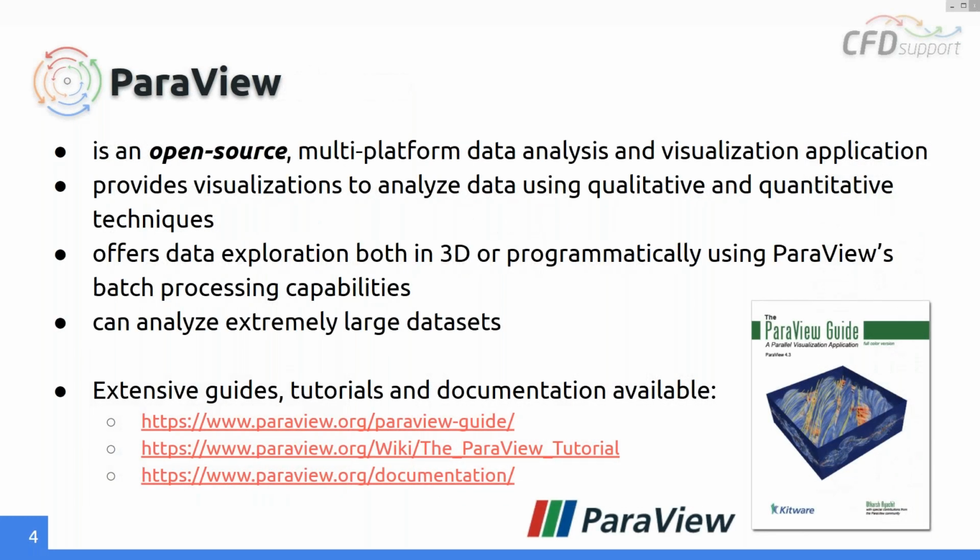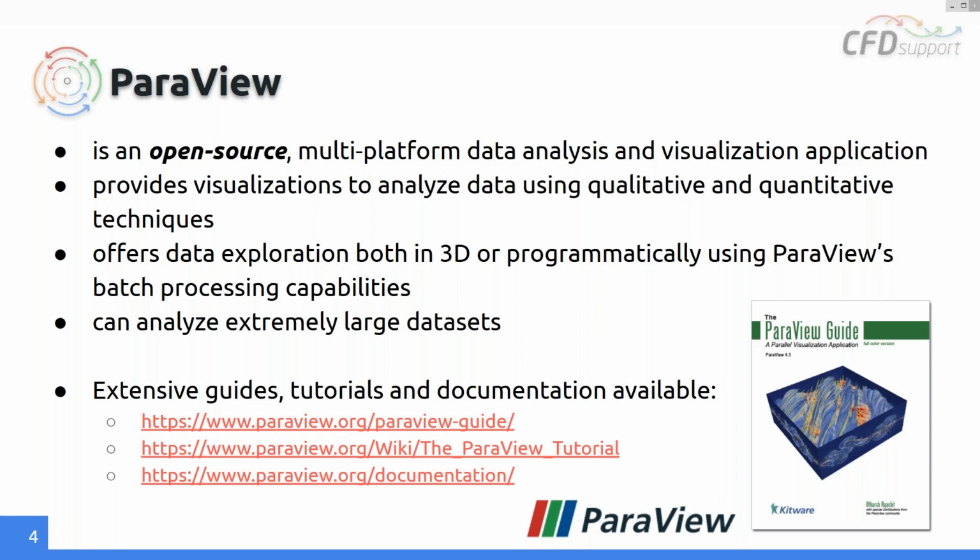And quickly, what ParaView is. ParaView is an open source multi-platform data analysis and visualization application. It can be installed on both Linux and Windows, and additionally on Macs as well. It provides visualizations to analyze data using qualitative and quantitative techniques.